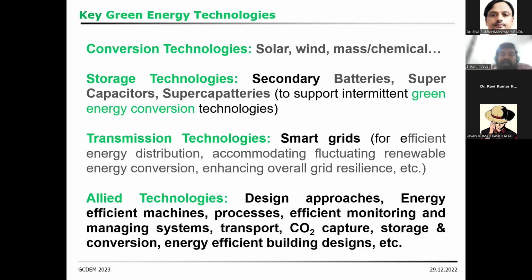Smart grids provide efficient energy distribution, accommodating fluctuating renewable energy conversion. Whenever there are fluctuations, the grid is smart. It takes care of the fluctuations, and the energy losses are prevented. In addition to these key green energy technologies, there are allied technologies.